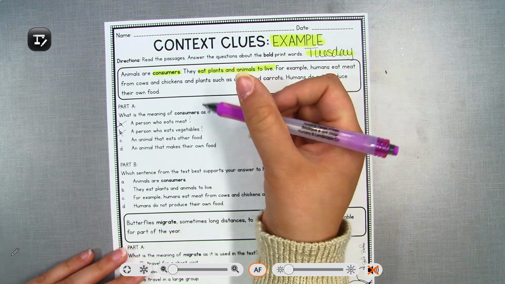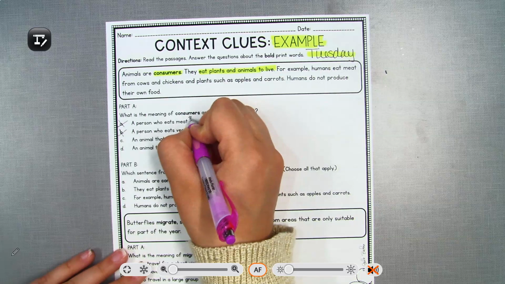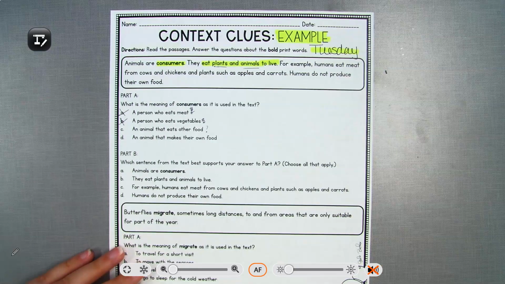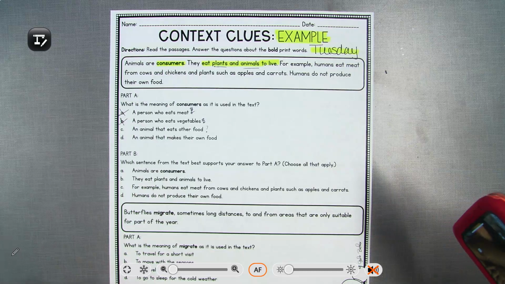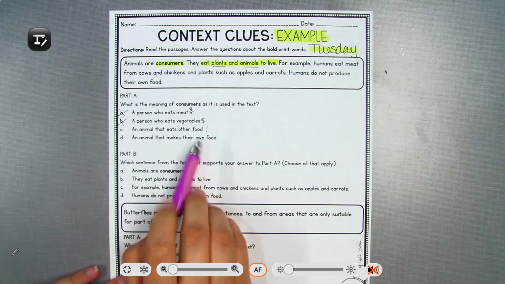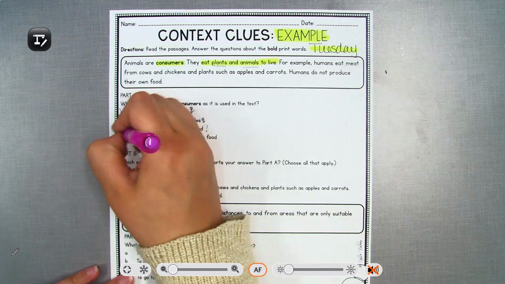An animal that eats other foods? Possibly, because we're not just talking about meat. They eat plants and animals. An animal that makes their own food. So they don't make their own food. They eat the food. So it would be C.